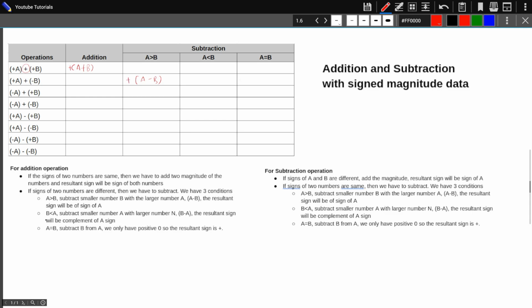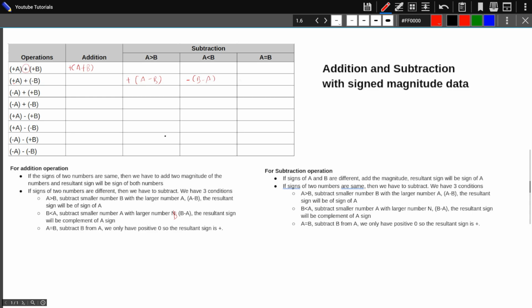For the second case, if A is less than B, then we subtract the smaller number A from the larger number B, which means we do B minus A, and then the resultant sign will be the complement of the sign of A, which is plus here, so the sign will be minus.